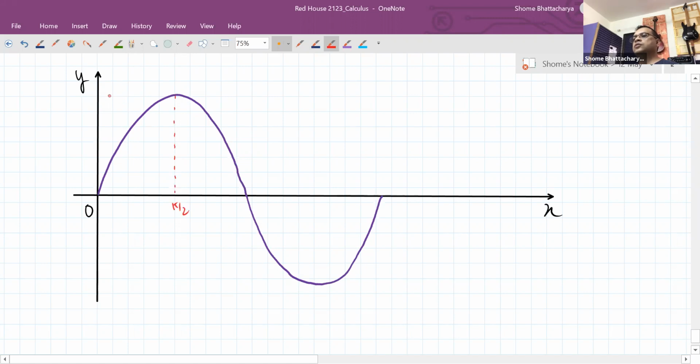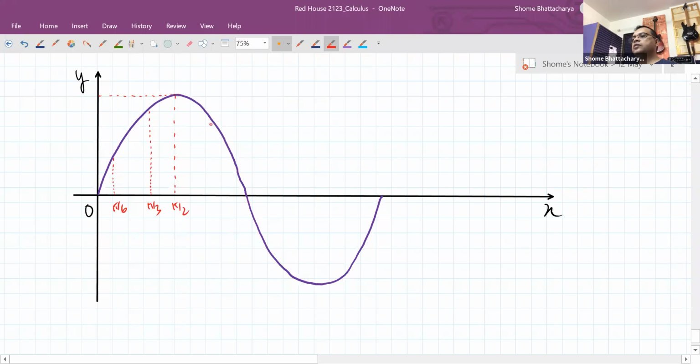For example, at pi by 2, if we draw the tangent, it should have a zero slope. Similarly, we had seen the point pi by 6, which is 30 degrees, which would be somewhere here. We had seen the point pi by 3, which is 60 degrees, which should be somewhere here.